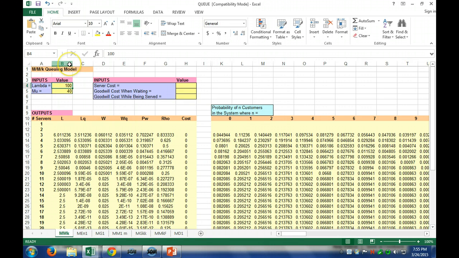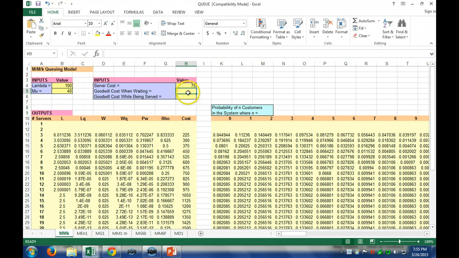Let's leave the mu alone. So let's say in this particular example, let's leave it at 140. Let's say our servers cost us $75 per hour. So if we hire 3 servers, 3 times 75, 225 is our service cost per hour. 4 is 300 per hour.